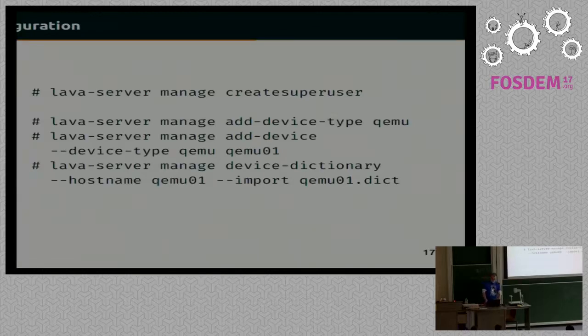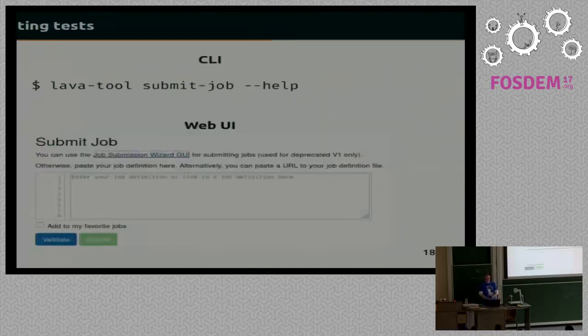Once this is done, you're good to go. You may safely submit your test cases. Lava supports both a CLI interface for the automation of the whole process, as well as a web UI for quick tests if you would like to check your new changes quickly.